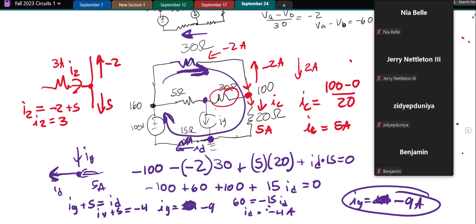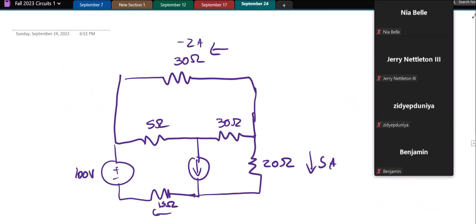ID was negative 4, so we had negative 4 in this direction. IG was negative 9.